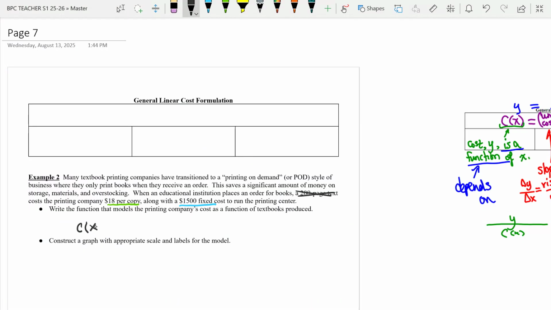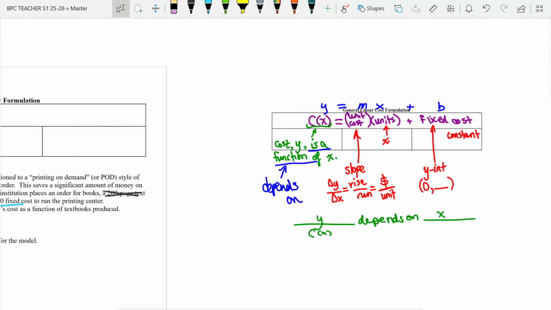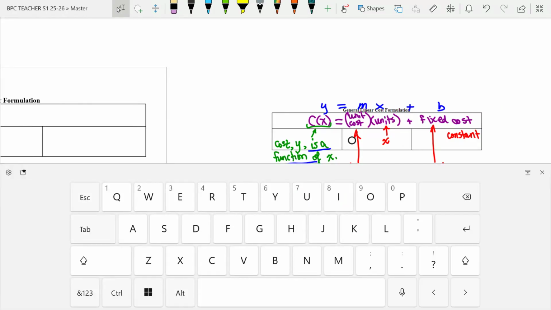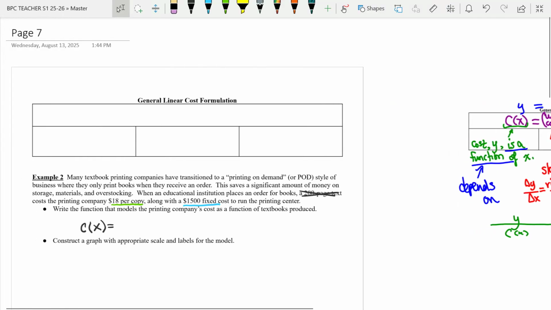My cost, my C of X, is, let's check over here, unit cost times X plus fixed cost. So my unit cost is 18x plus fixed cost, and that's done.